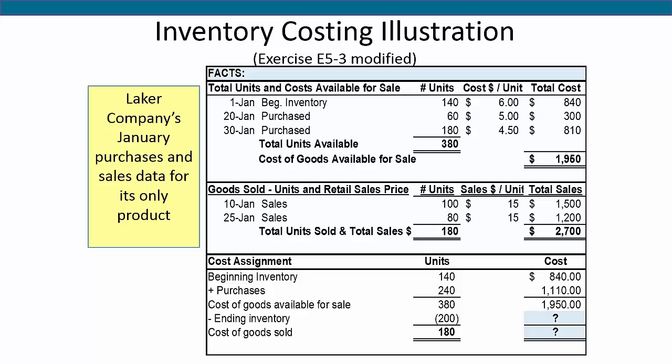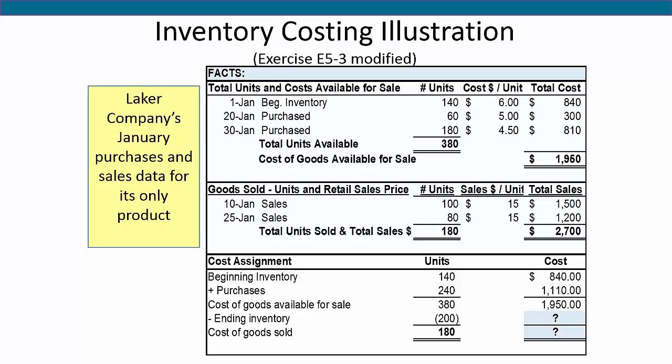So total cost of goods available for sale was $3,540. The challenge for us will be to determine how much of the $3,540 should be allocated to the 200 units still in ending inventory, and how much cost should follow the 180 units into the cost of goods sold account.